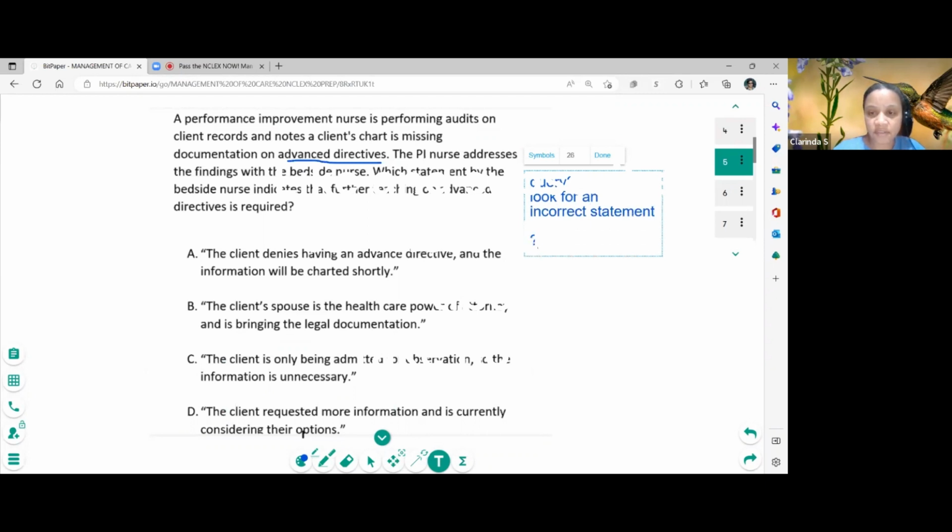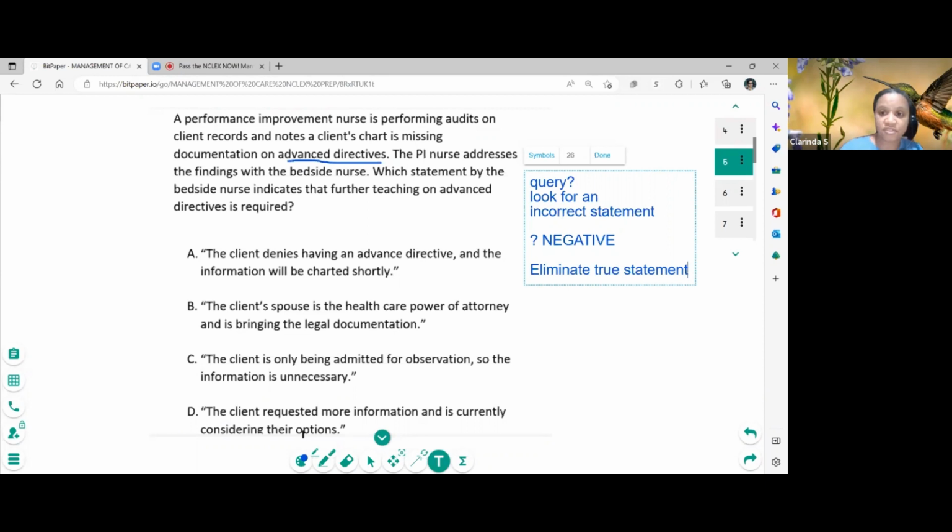That means this is a negative query, and we're going to eliminate anything that is true, because any accurate statement made by the nurse means that she understands what's going on. But anything she says incorrectly means she needs further teaching. So further teaching is always a negative, and we're eliminating the true statements.